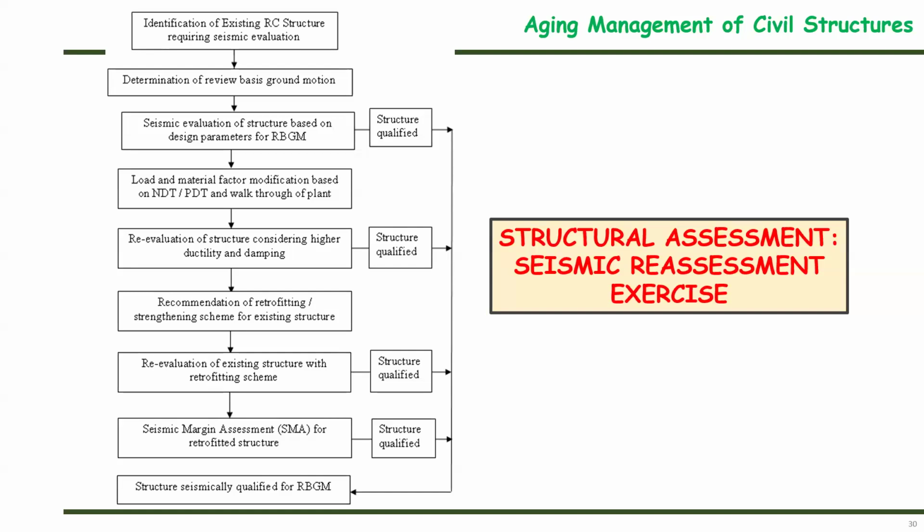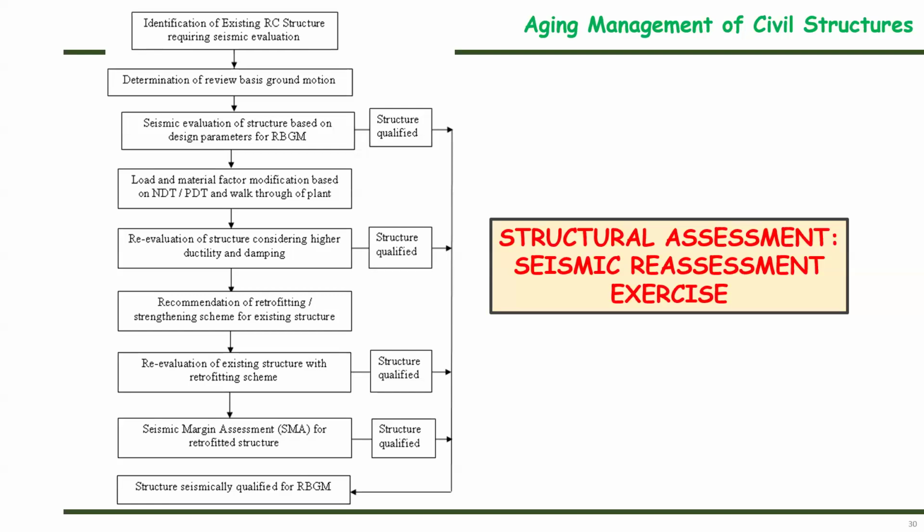So we design the retrofitting scheme for such elements. And after designing this retrofitting scheme, we again analyze the structure with actual loading, actual strength, and review basis ground motion. Why are we analyzing a second time? Because of the retrofitting scheme, the strength and stiffness characteristics of the original structure have changed. So we go for the second analysis.